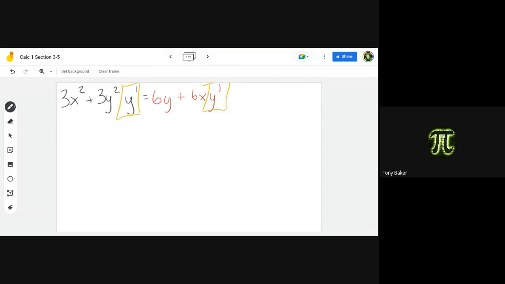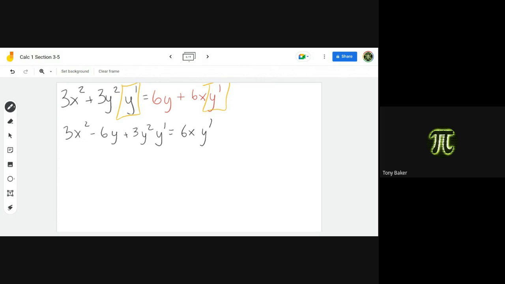Sure. Okay. Now what am I doing? This keeps going back to the whole concept I told you that algebra is going to be your downfall.